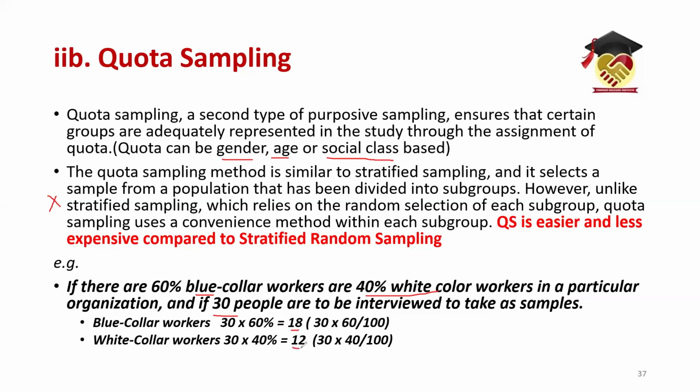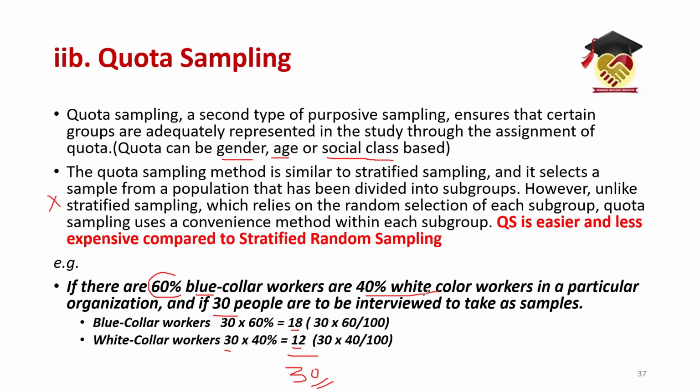How did this 12 come? Out of 30, you want 40% white collar, then altogether how much? 30, right? So now you know how you got this 30 based on this percentage. This is almost similar to stratified sampling. There also we did the same thing.